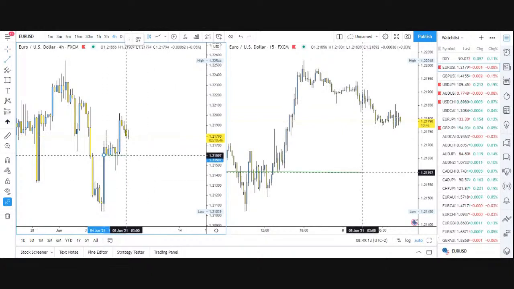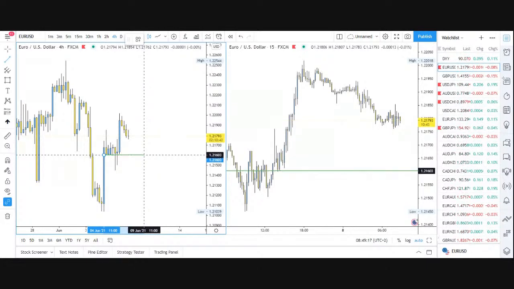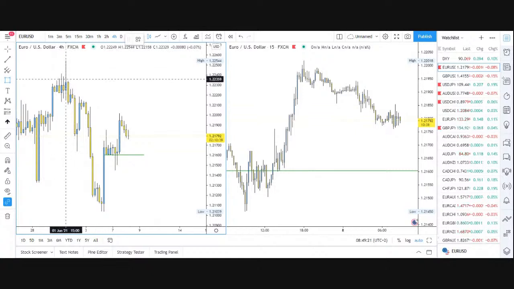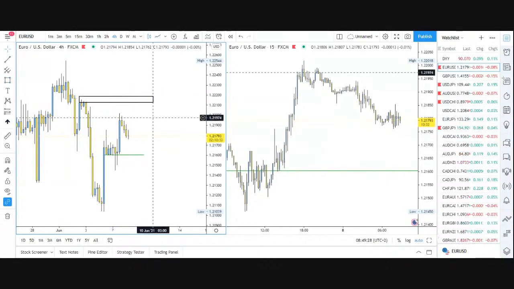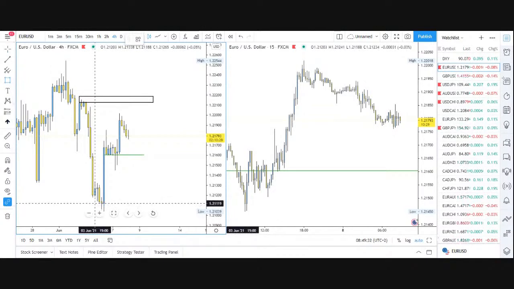Do you want this right here? You want that? And then this created this, so then we're gonna mark this right here. And then you can also mark these lows.